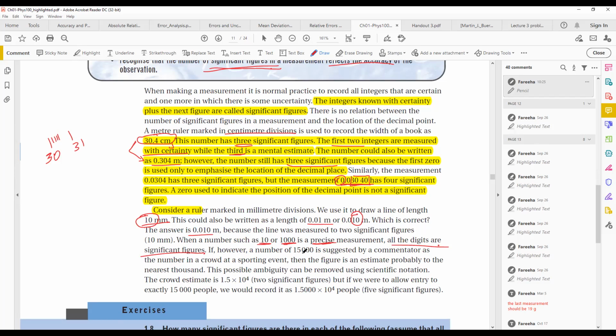But if the measurement is not precise, it's an estimate, probably estimated to the nearest 1,000, and therefore there is ambiguity. Hence if we write this in scientific notation, we will write it like this, and the number of significant figures in this case will be 2. So these are some examples that we can pay attention to.